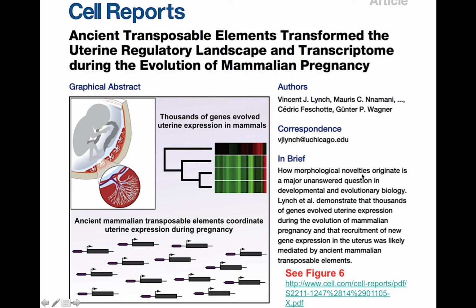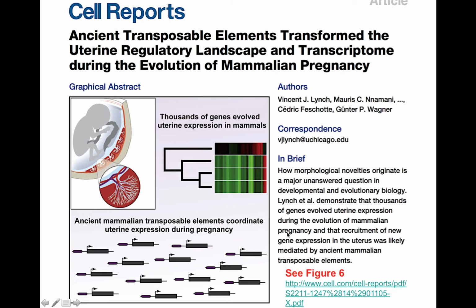How morphological novelties originate, things like new organs, like a uterus, is a major unanswered question in developmental and evolutionary biology. These folks demonstrate that thousands of genes evolved uterine expression during the evolution of mammalian pregnancy, and that the recruitment of the new gene expression in the uterus was likely mediated by ancient mammalian transposable elements.